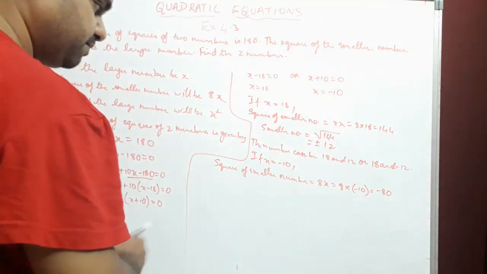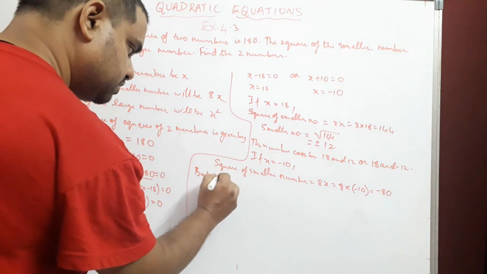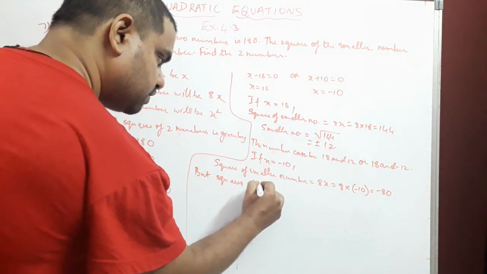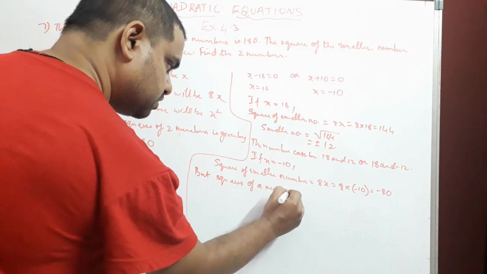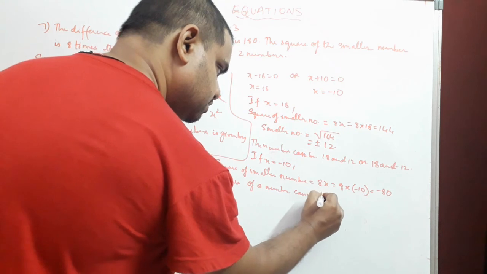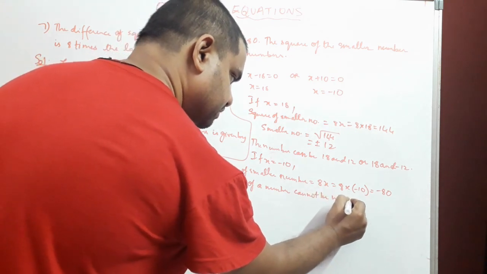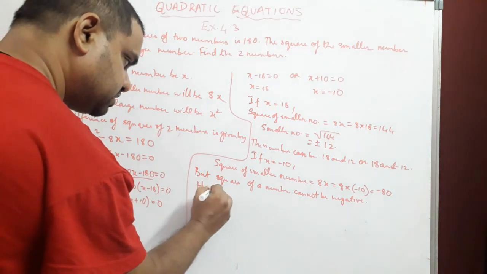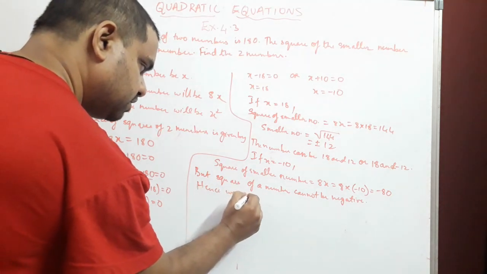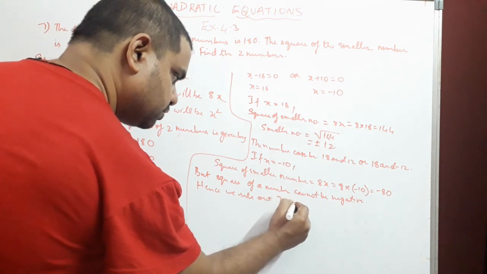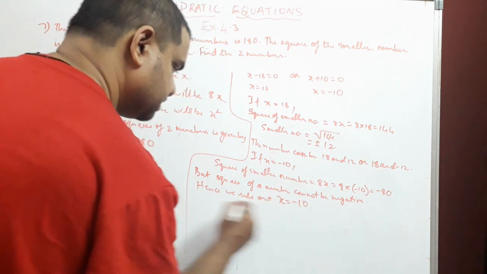So we can say that the square of a number cannot be negative. Hence, we rule out x equal to minus 10.